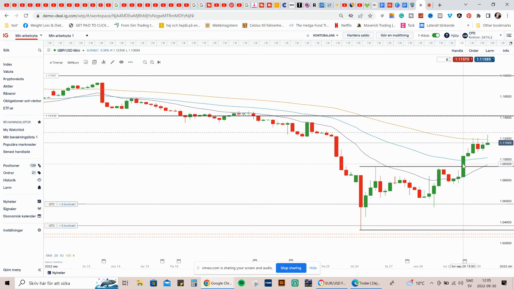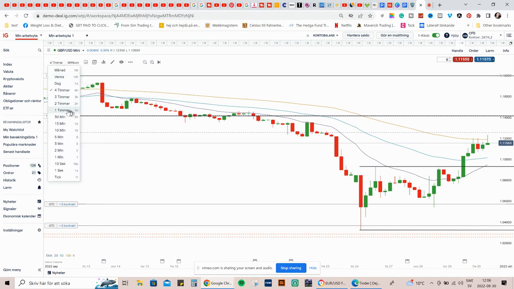So I went long at this level, and I think it's very possible that this pound dollar pair will have a pullback to this strong support resistance level, and then go back to higher levels, or to the previous top at 9.17.